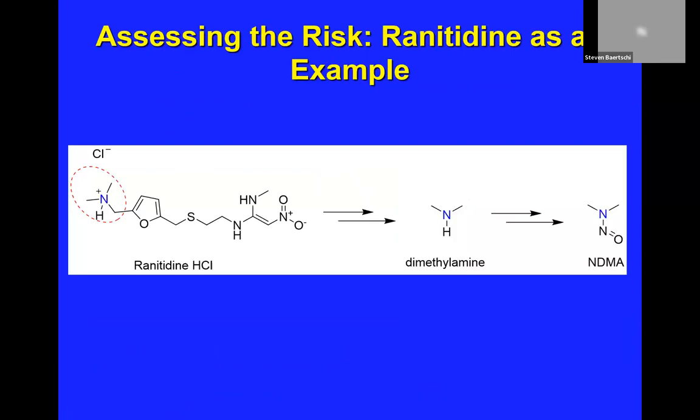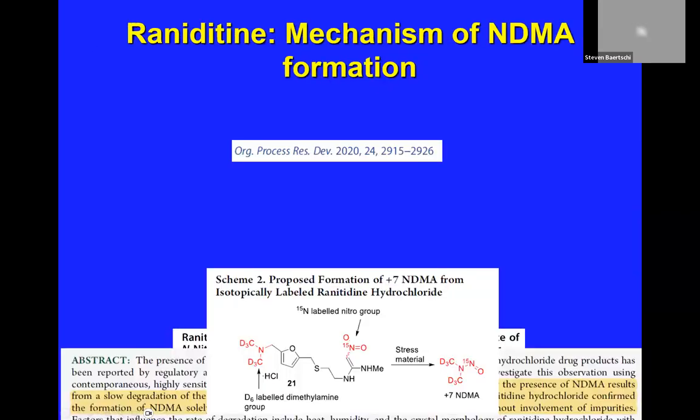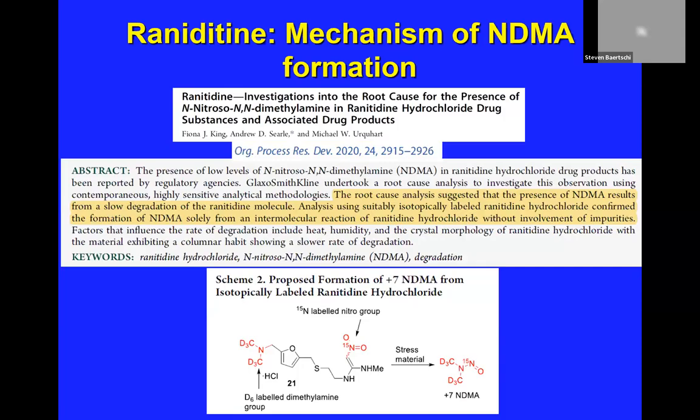Assessing the risk, ranitidine is an example where there was not necessarily an N-nitrosating agent. It was just ranitidine itself. And you see this tertiary amine, which apparently degraded to form dimethylamine and then got N-nitrosated to NDMA. And the mechanism was not straightforwardly figured out.